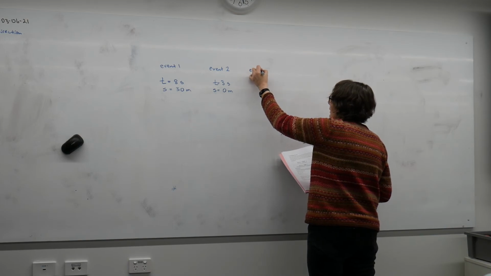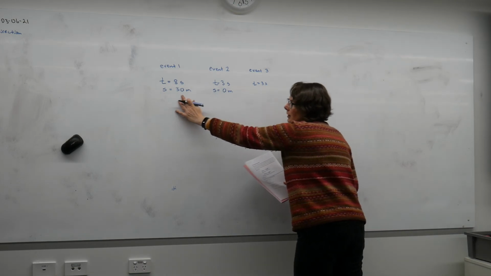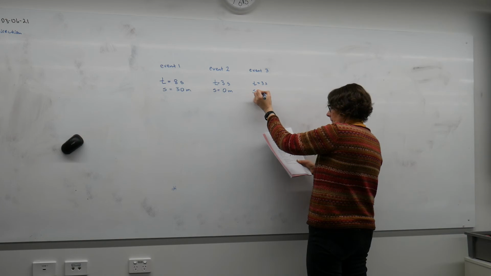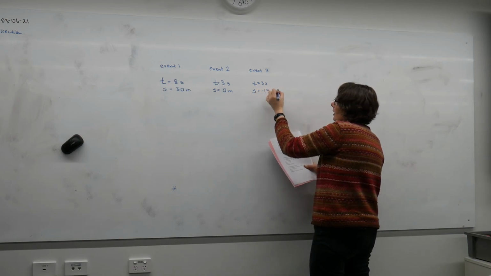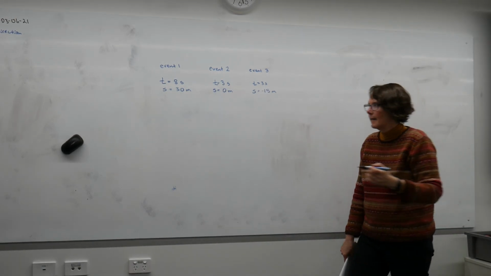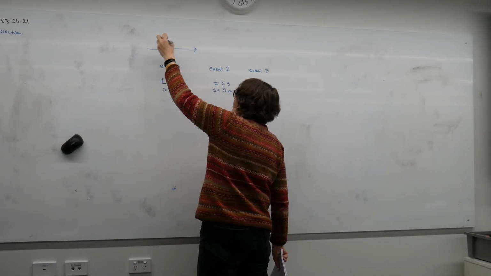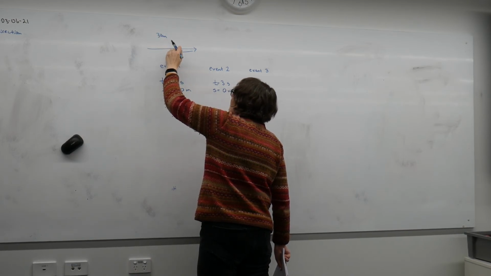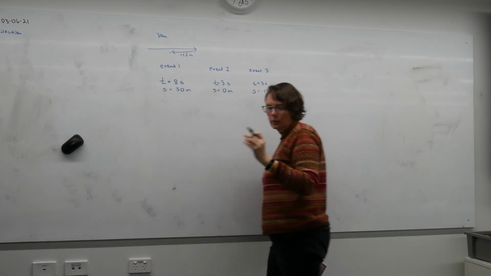So event 3, T is still 3 seconds, but she's gone halfway. So that's going to be 15. But if we're thinking about displacement, it's negative. If I have decided that this way is positive with my 30 meters, then when she comes back this way halfway, that must be minus 15 for displacement.